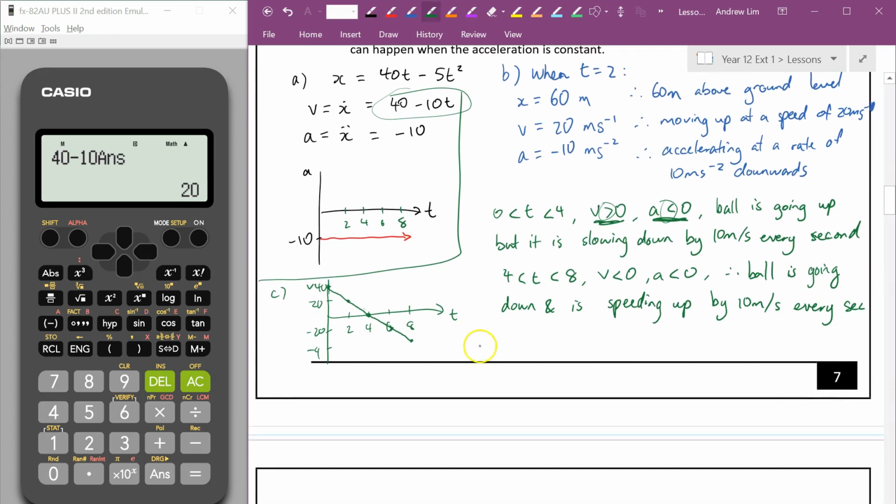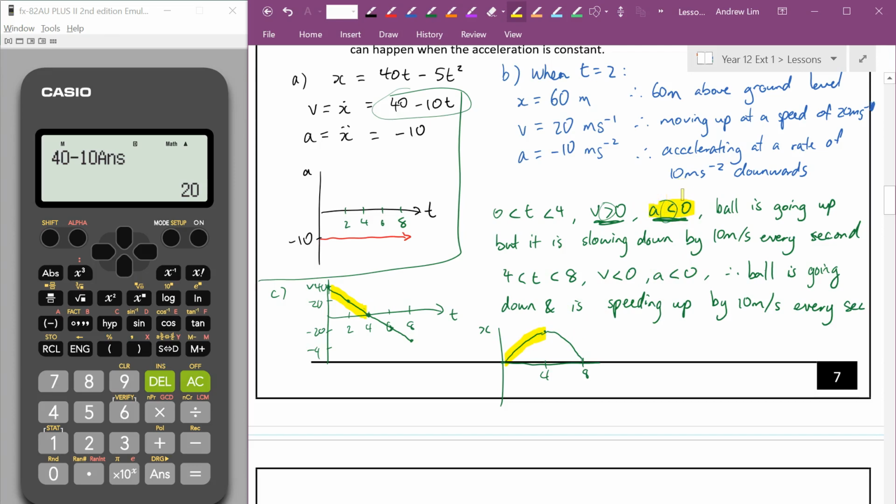If you want to think about it, you can draw the displacement graph. We know that this displacement graph goes up to 80 and it comes down. We can see here that in this part, velocity is positive, that means it's sloping up. But because it's concave down, acceleration is negative.